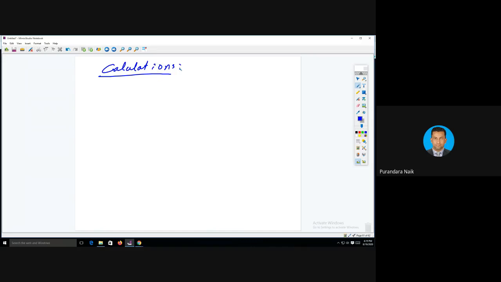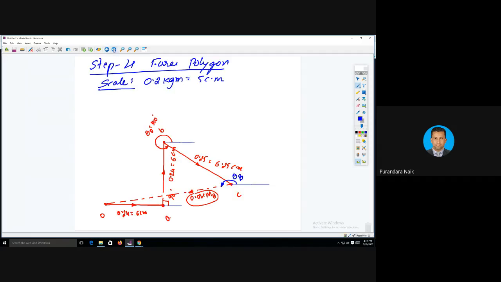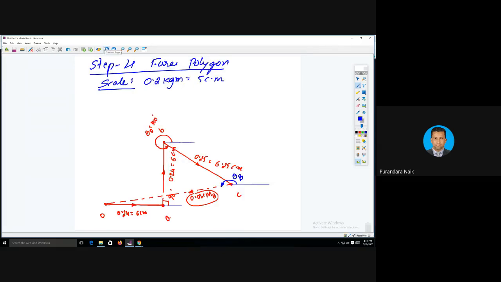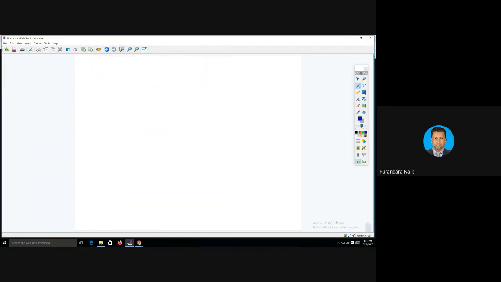Calculation. Okay, length. 0.04 MB indicates it is the length of OC into scale.